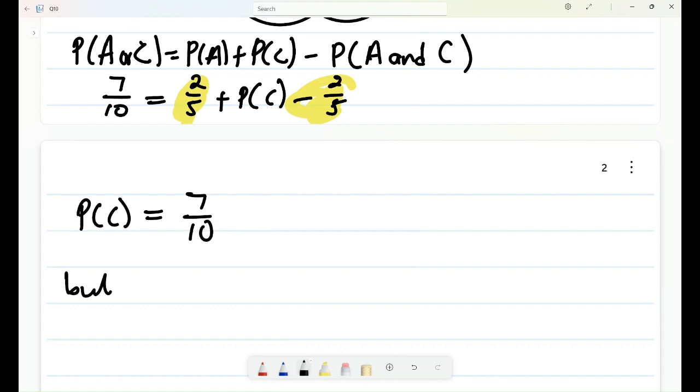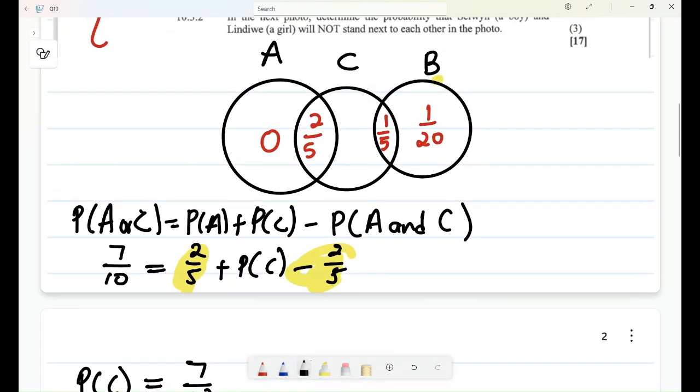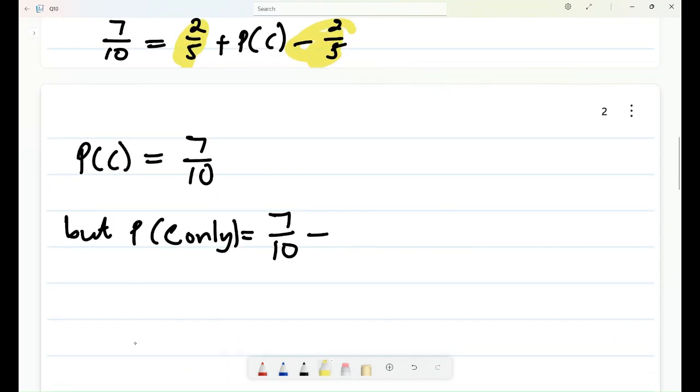But probability of C only, which is also denoted as C only, is equal to what? It is equal to probability of C minus any intersection. So probability of C is 7 divided by 10 minus anything that intersects with C here. It is 2 divided by 5 and 1 divided by 5. So I'm going to subtract 2 divided by 5 and 1 divided by 5.